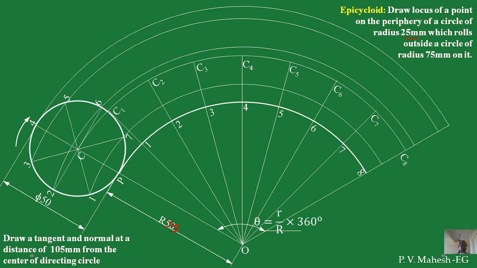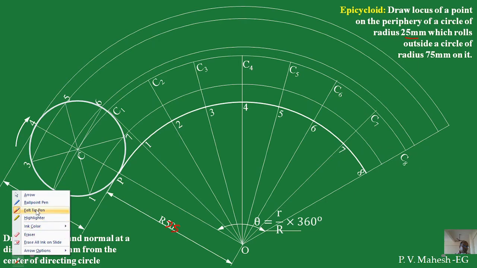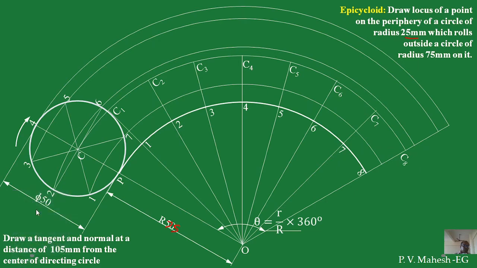Here C1 is the center and the radius is that of the rolling circle, and I cut the arc passing through 1. I will get P1.